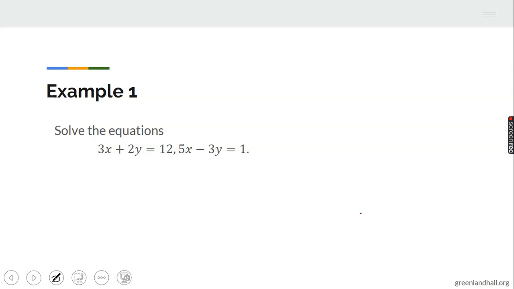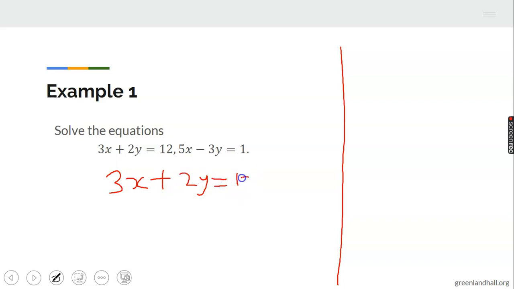Now, we want to solve the equations. 3x plus 2y equals 12. That's the first equation. 5x minus 3y equals 1. Now, what I taught you in our last class was you will write out the equations and label them accordingly. 3x plus 2y equals 12.